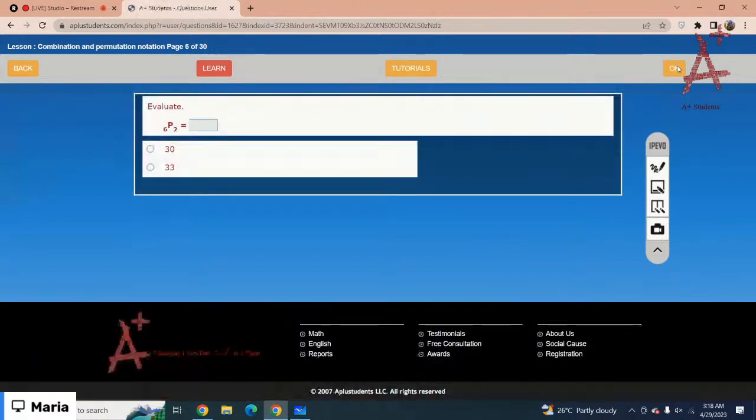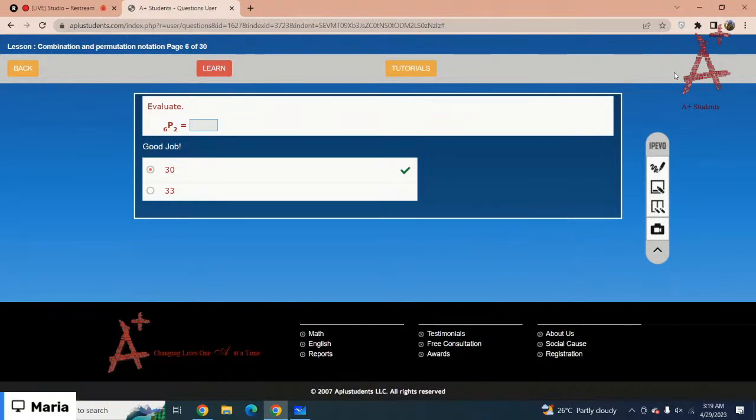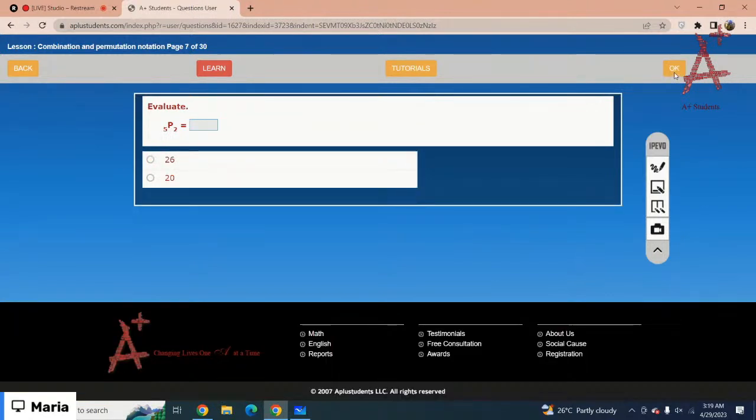Okay, 6P2. So which is the correct option? That would be 30. Got it? 6P2 is 30. You have to do 6 times 5. It would be 30. Okay, the next one is 5P2. So which is the correct option?